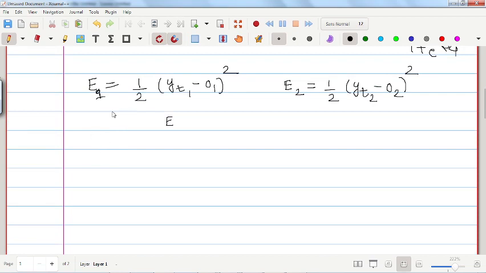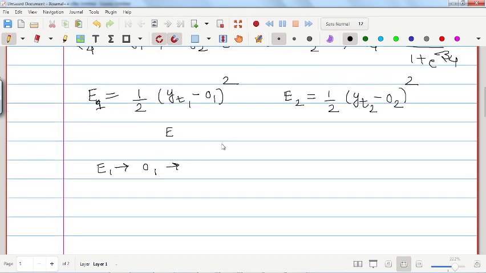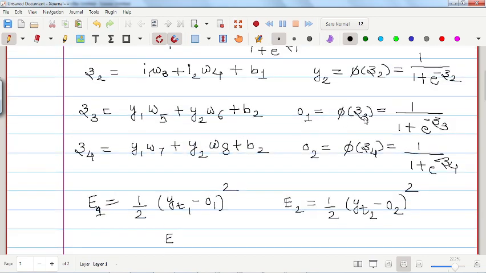Now, two errors we are considering. E1 we are observing. YT1 is given as some constant. E1 is a function of O1. O1 is a function of Z3. And Z3 is a function of W5 as well as W6.